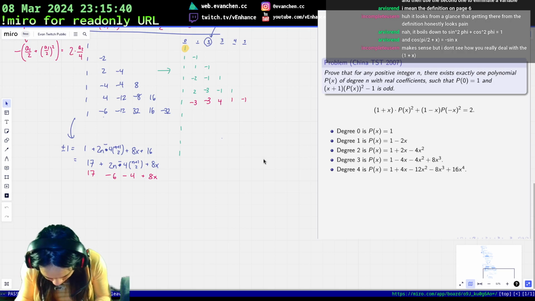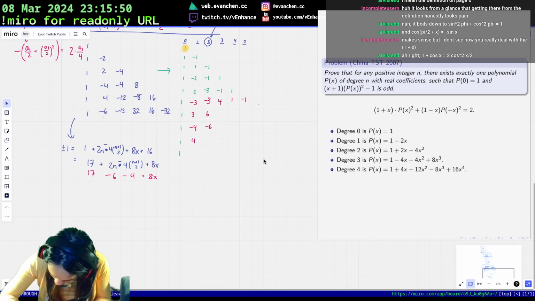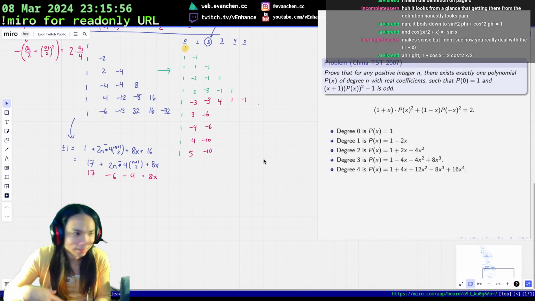The next row has to be like this has to be 3, right? And then this has to be +6. I feel like this is the completion of the... yeah, this feels really right. I think these are the first 2 columns.